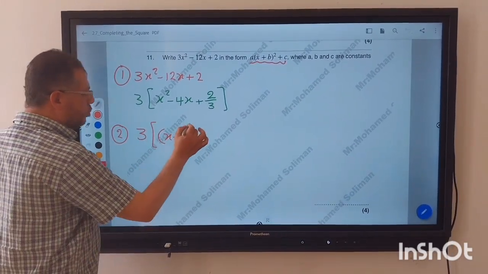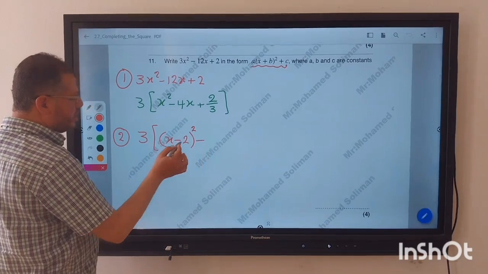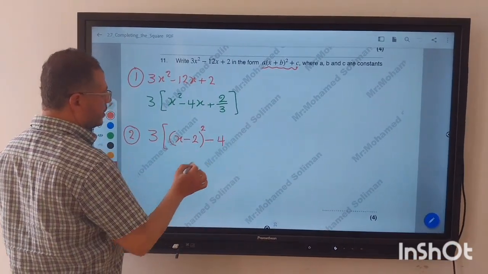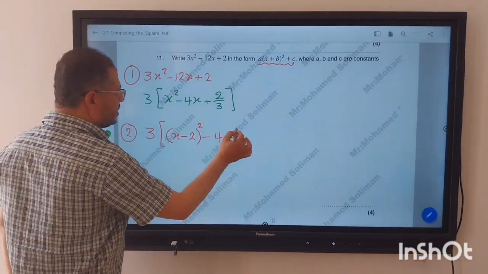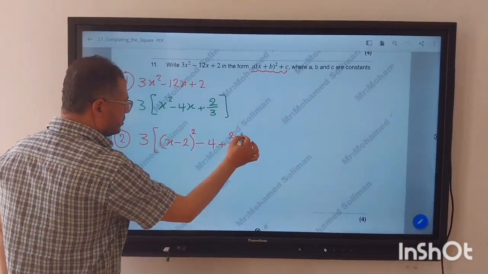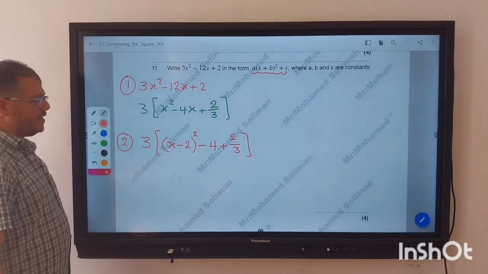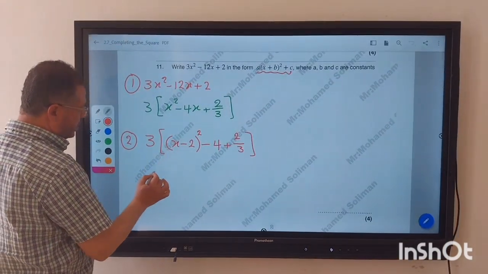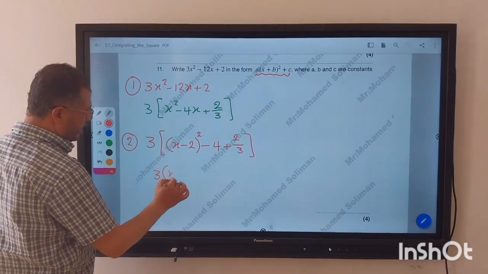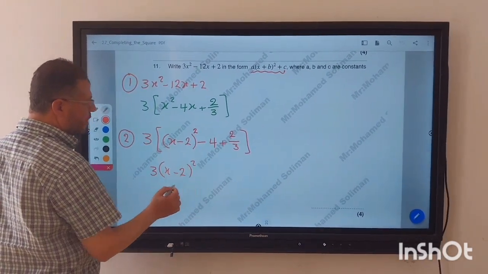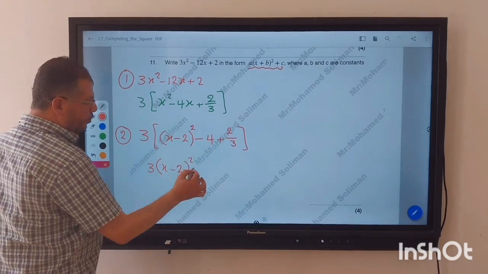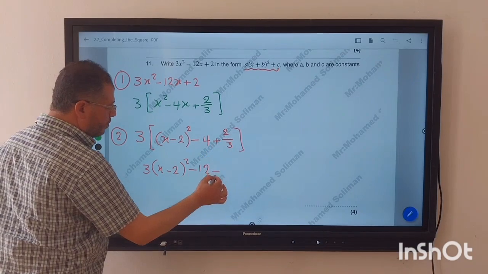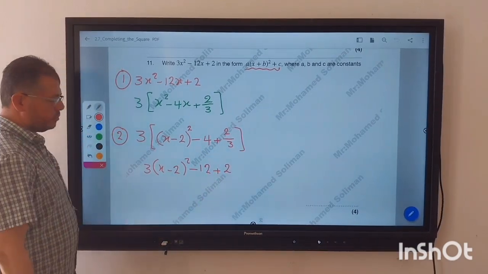Close the bracket, squared, minus this negative 2 squared, it will be 4, plus 2 over 3. Next, expand. 3 times the bracket here, it will be 3(x minus 2)². 3 times negative 4, it becomes negative 12. 3 times 2 over 3, it will be plus 2.